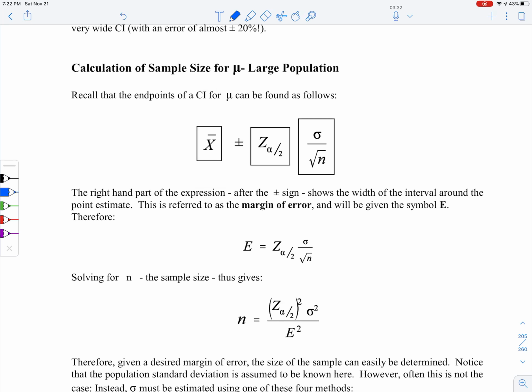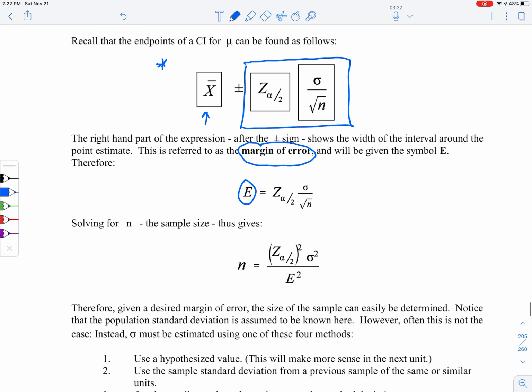If you take a look at a confidence interval, the endpoints for a confidence interval, as we saw before, are found by taking a point estimate, x bar, plus or minus a margin of error. And so the margin of error is this guy here. And let's give that a symbol. Let's call that E. So E is equal to Z alpha over 2 times sigma over the root of n.